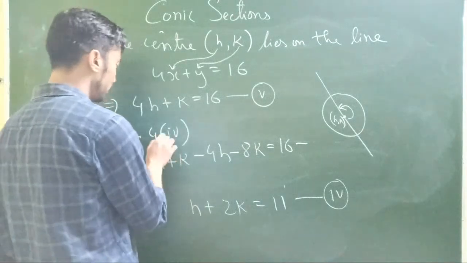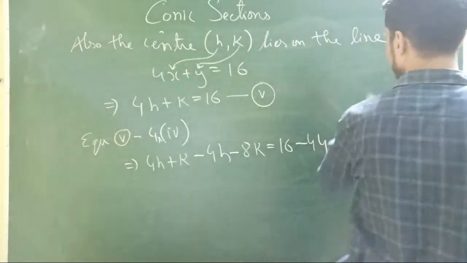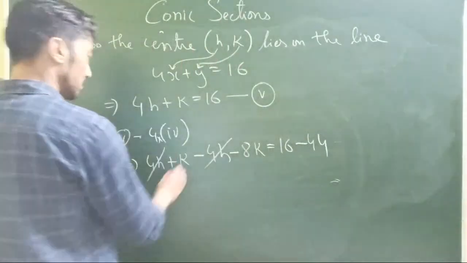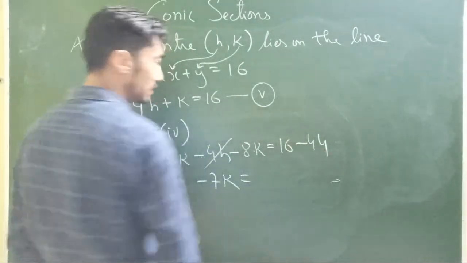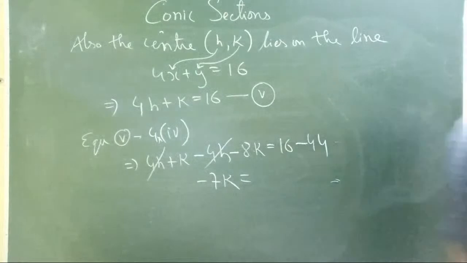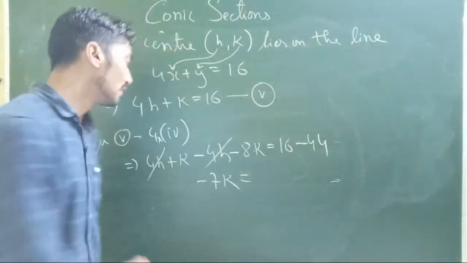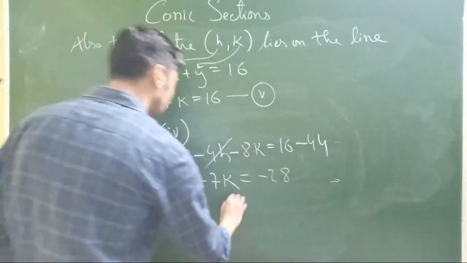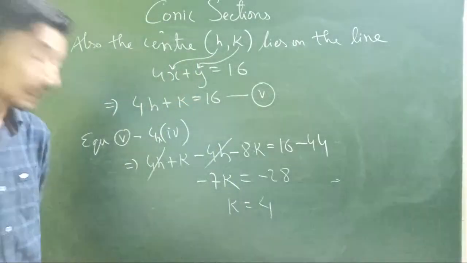So minus 7k is equal to how much? 16 minus 44. That will be minus 28. So minus minus cancel, 7 fours are 28. So okay, we have the value of k as 4.